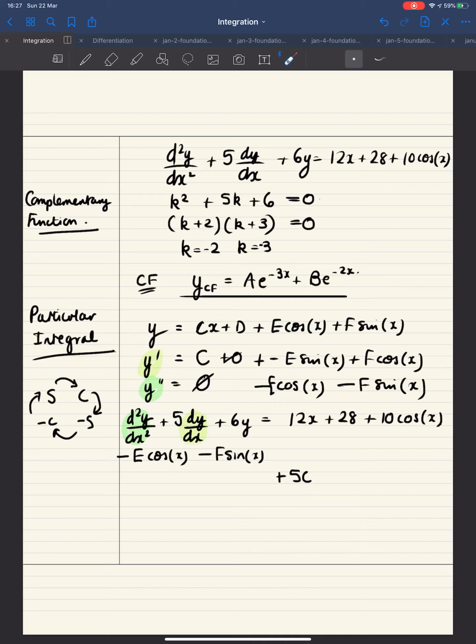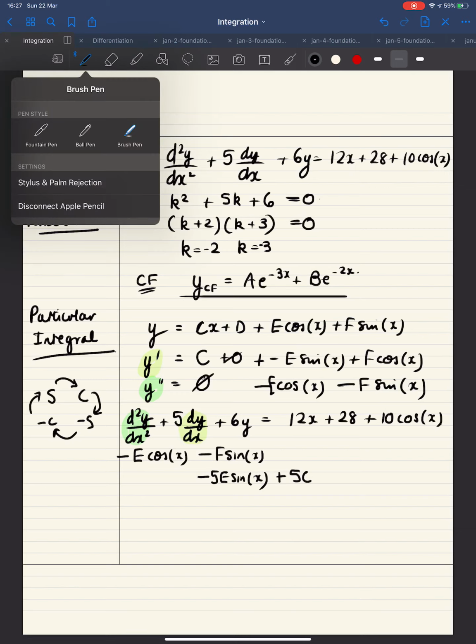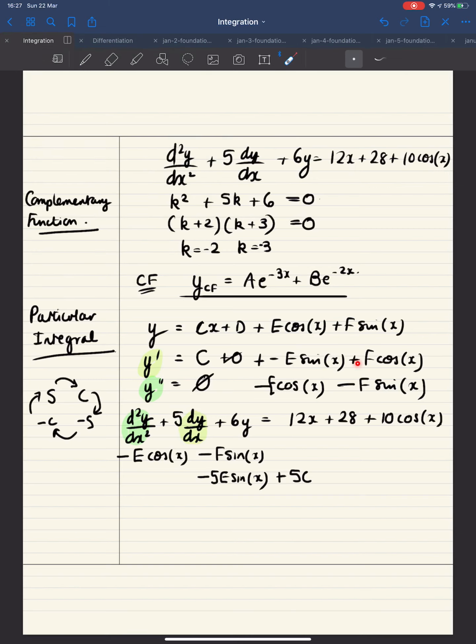And then the last one here is going to be plus 5f cos x, because it's y dashed times 5 there. So it's plus 5f cos x. That's that one done.